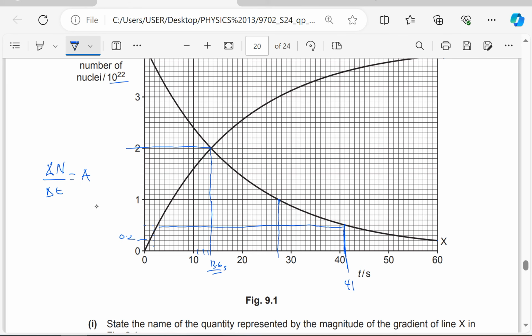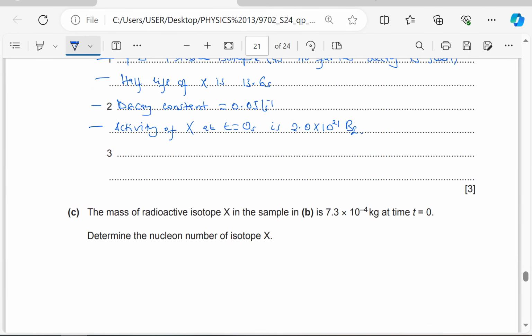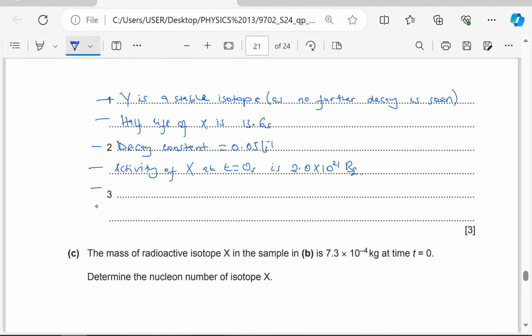So you notice that the difference is the same. 4 minus 0.2 is 3.8. So it means the total number of nuclei is constant. I think it is 3.8 times 10 to the power of 22.